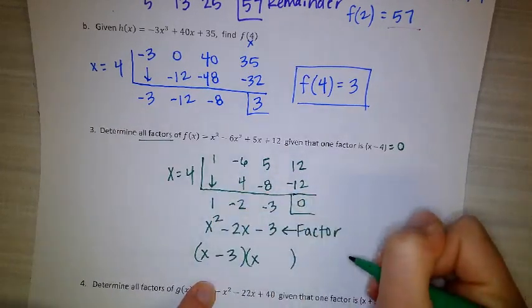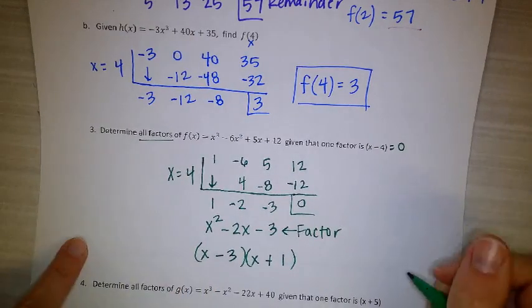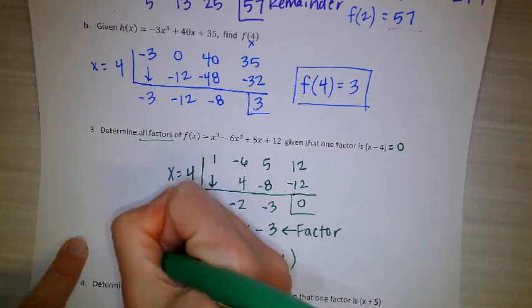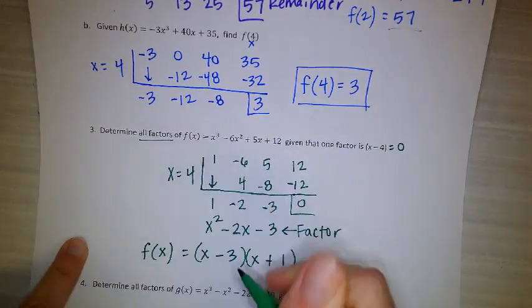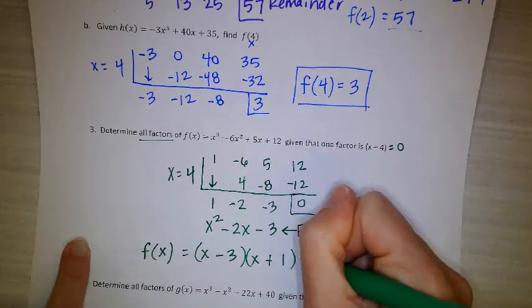So this original function was cubic, so I just found 2 of its factors, x minus 3 and x plus 1. Now it needs a third factor because it was cubic, and that factor was given to us at the beginning.